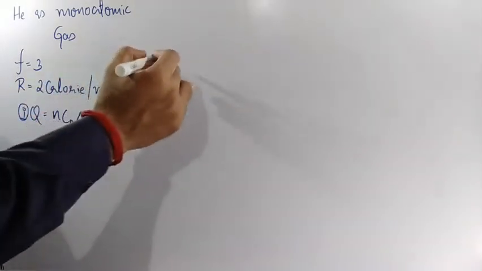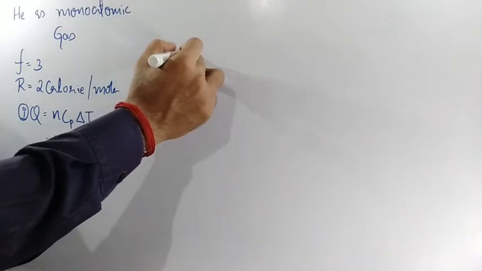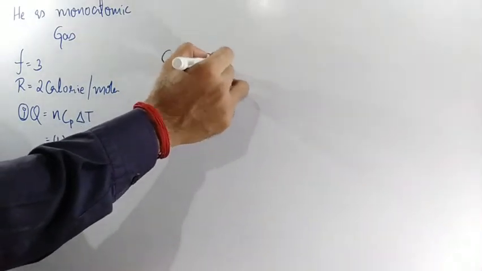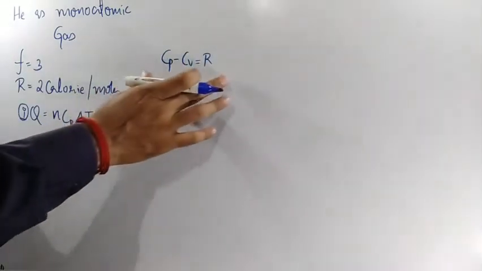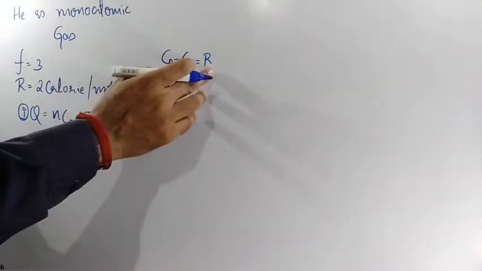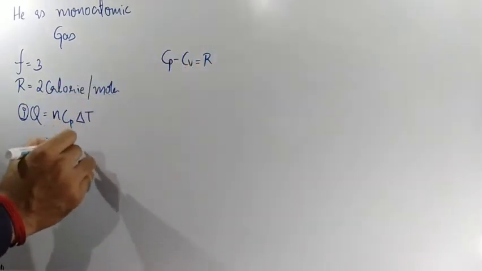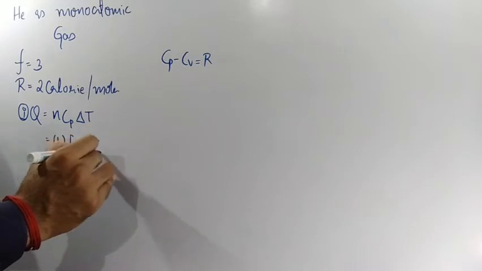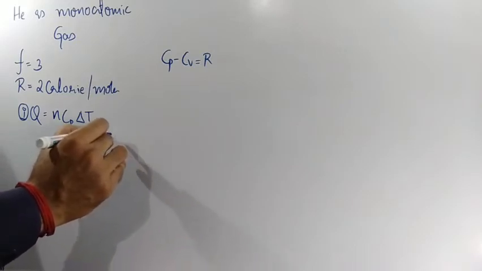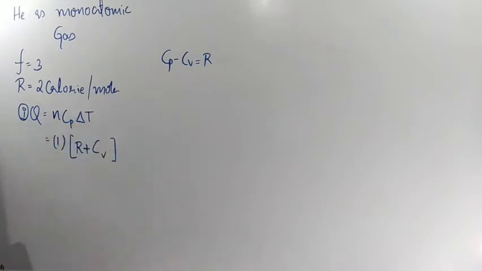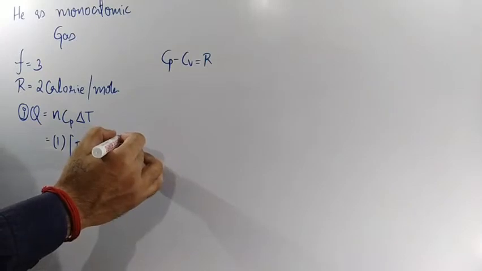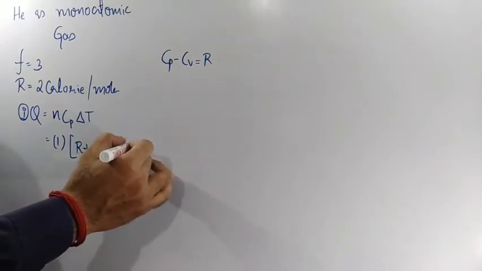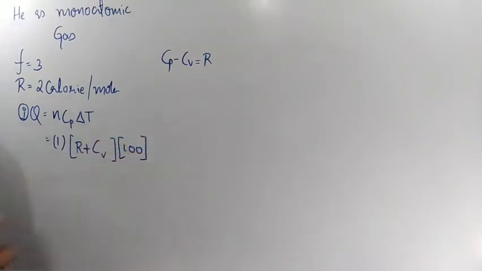From Mayer's relation, we know that Cp minus Cv is equal to R. From this expression, Cp is R plus Cv. And delta T is final temperature minus initial temperature. Final temperature is 125 degrees Celsius, initial temperature is 25, so delta T is 100.